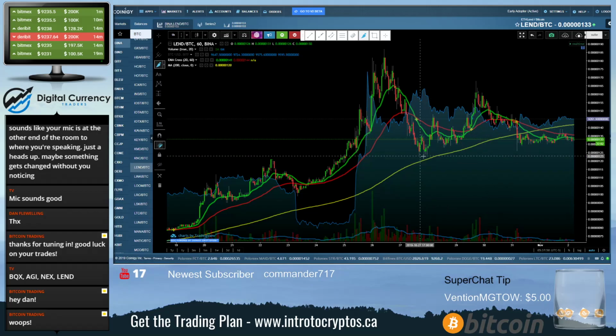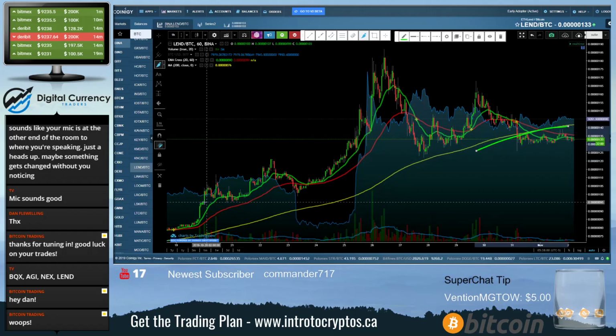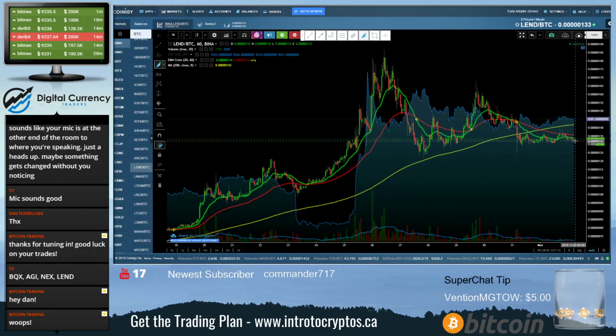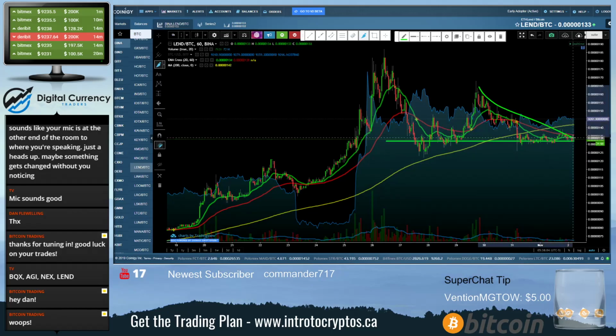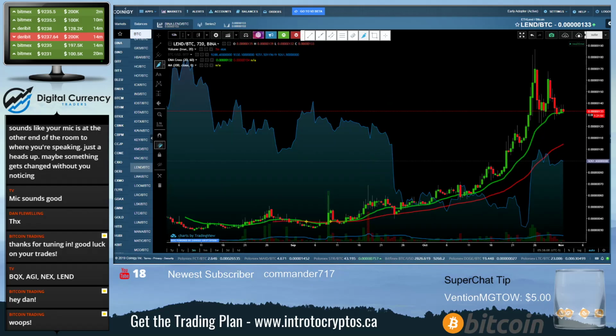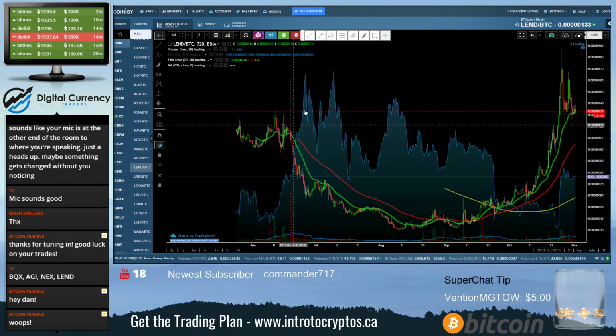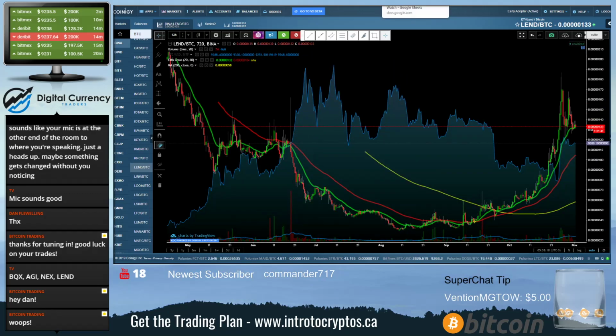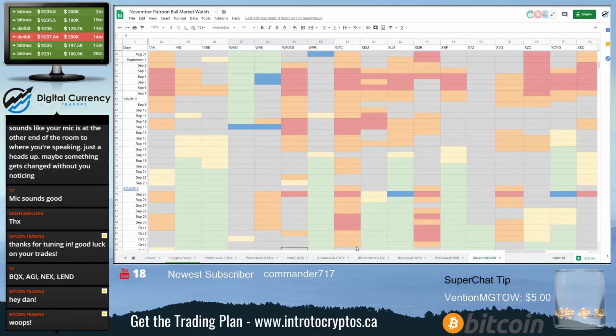And now has a top formation and crossing the exponential moving averages. If there is a place to get out, let's zoom back. That's the 1 hour view. Okay, the 12-hour would keep me in, assuming that I got in at a really good time. So let's go and take a look at Lend.